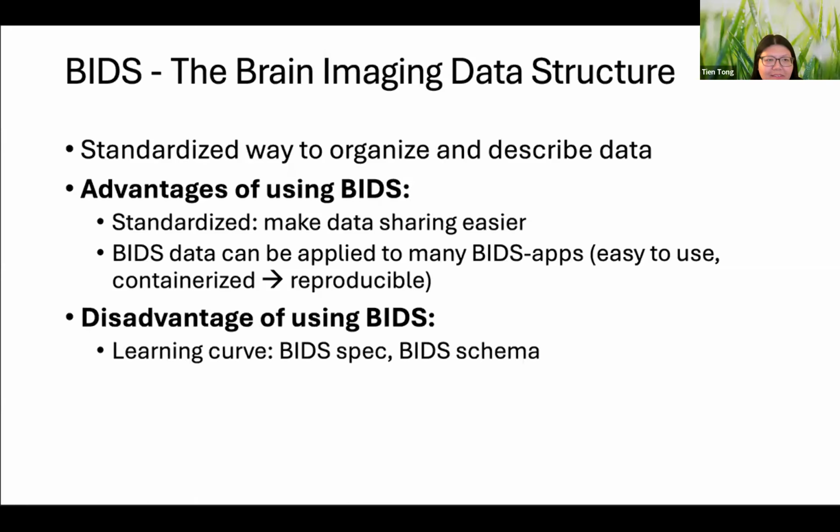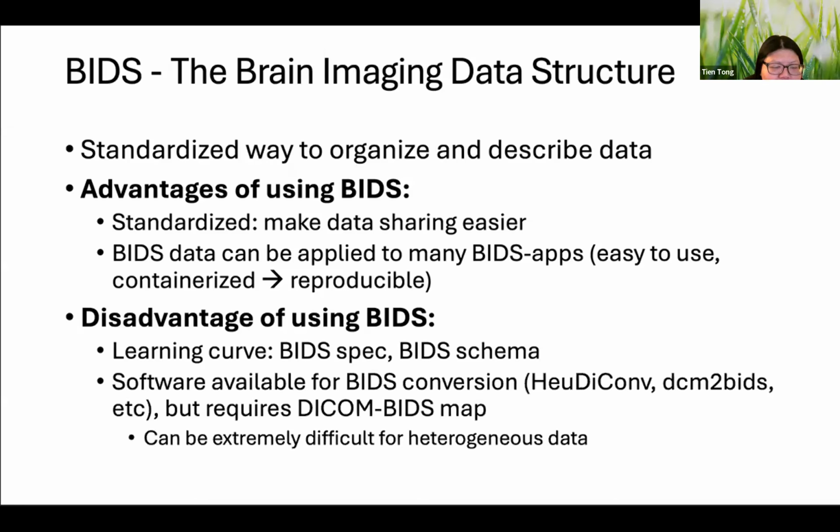Some downside of starting to adopt BIDS is that there's some learning curve. There's lots of very good documentation for the BIDS specs and the BIDS schema. The more difficult part is the mapping between DICOM and BIDS.